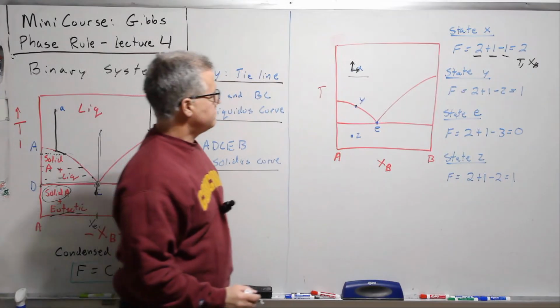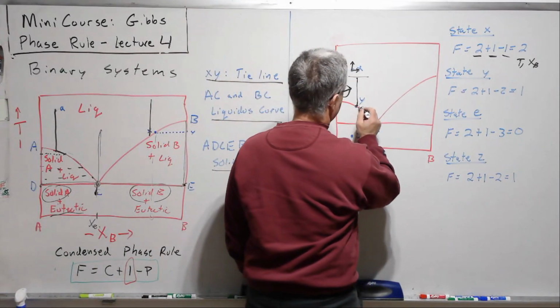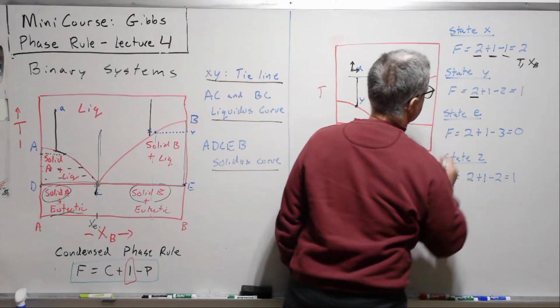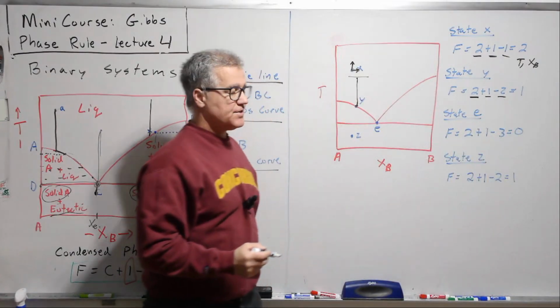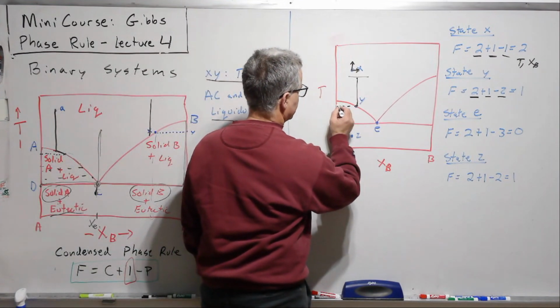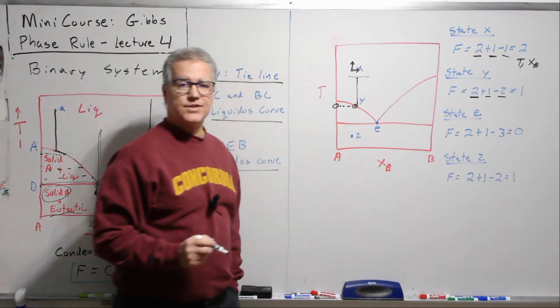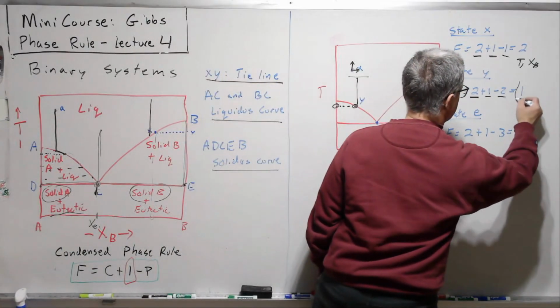Okay, now let's come down to this point here. Now we have, again, A and B plus 1, but now we have 2 phases in equilibrium. We have, via this tie line, solid A and our liquid solution. And so we have only 1 degree of freedom.